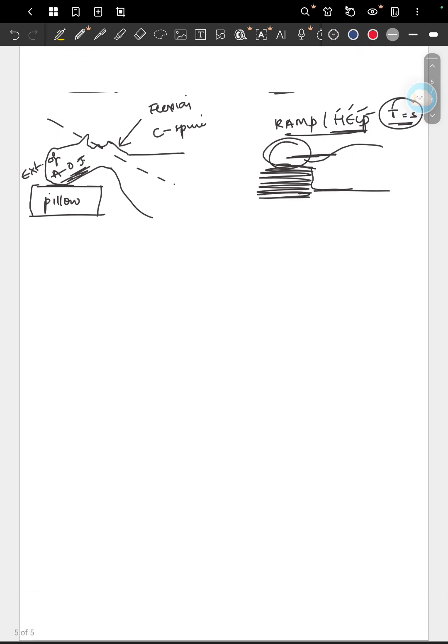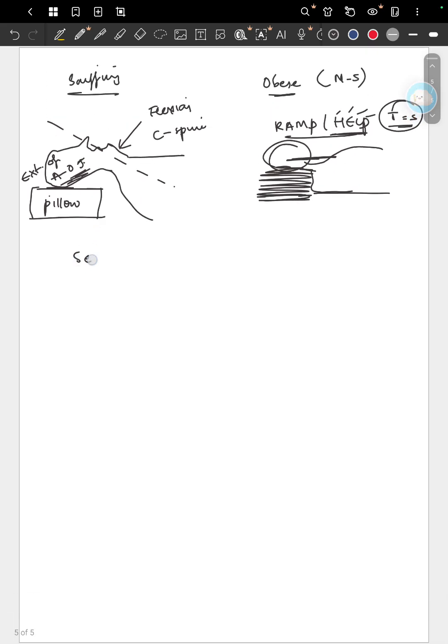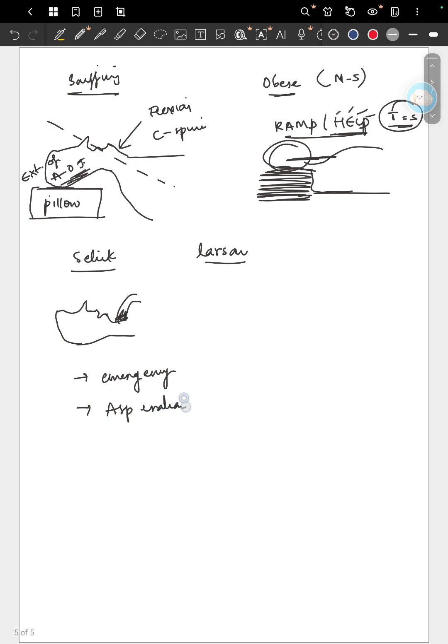Then we'll be having Sellick maneuver. Then we have Larson's maneuver. In Sellick maneuver, we'll be holding the patient's throat for a few minutes. This is used in emergency situations in order to prevent aspiration.